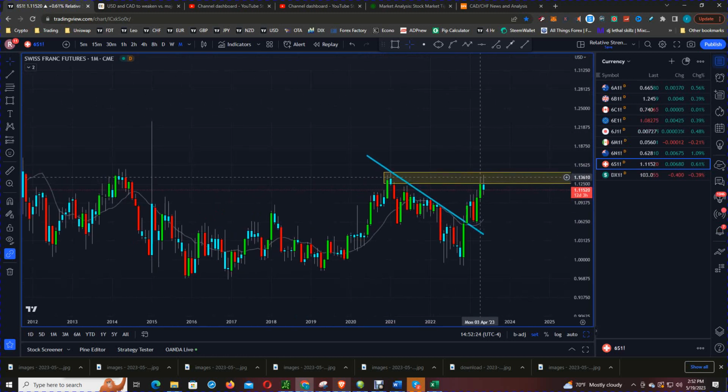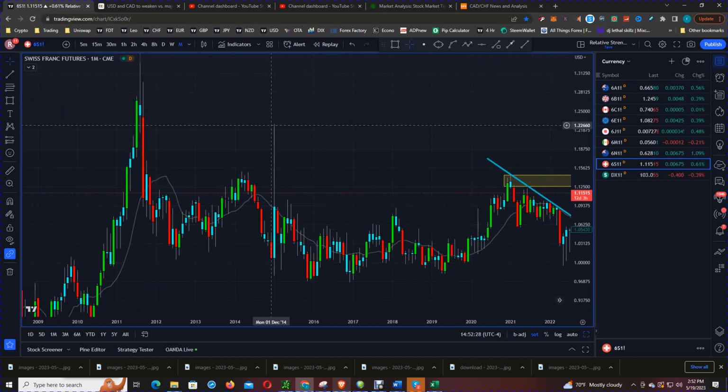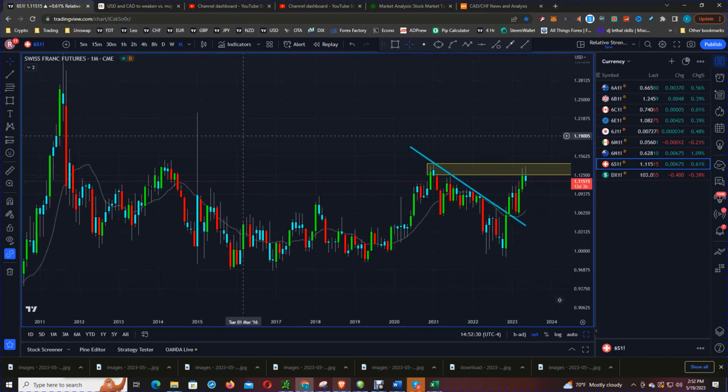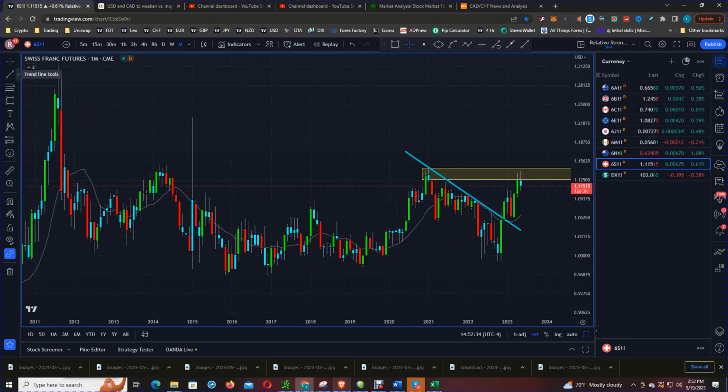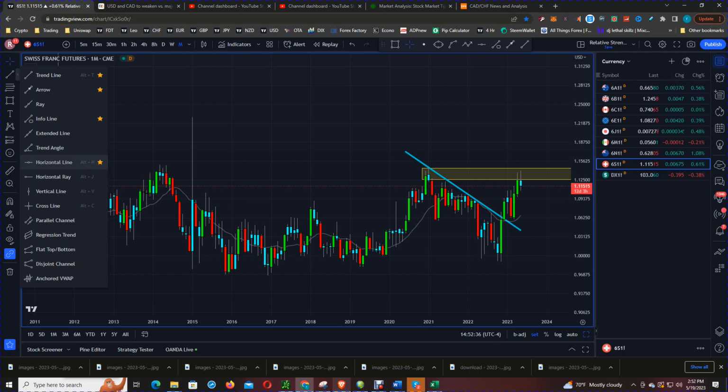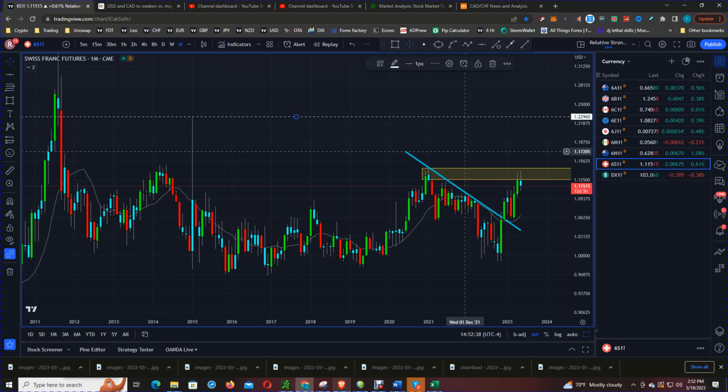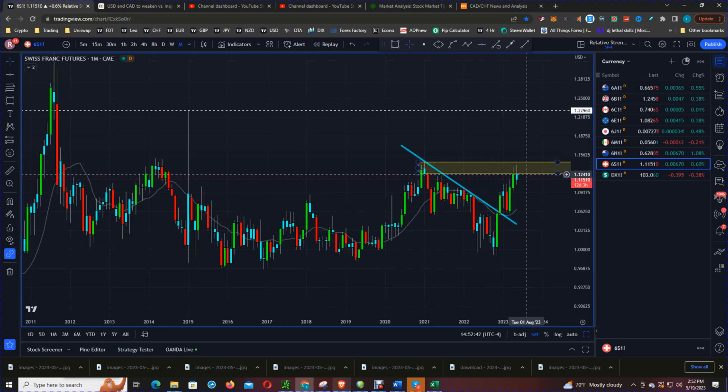And if price is able to break this zone, you're looking at price potentially moving to retest this pivot high at the 123 level, and that's another 800 pips in Forex terms.